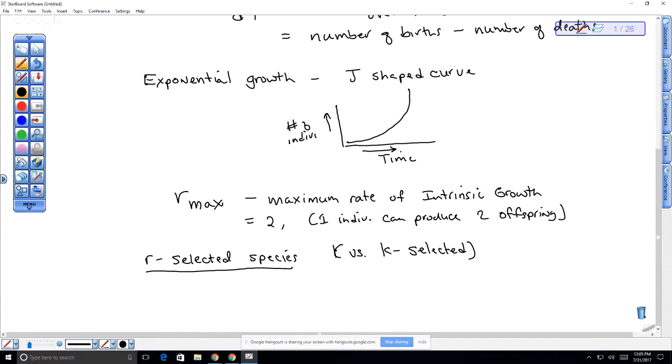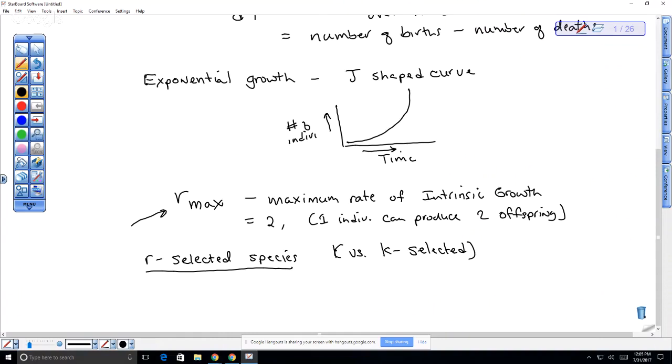And they don't generally provide a lot of extra care for those offspring, and the offspring tend to die. So if you think about mosquitoes or other insect populations, they are R-selected, and that refers to this idea of R max, that they tend to maximize their rate of intrinsic growth.